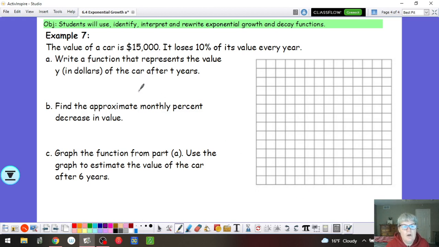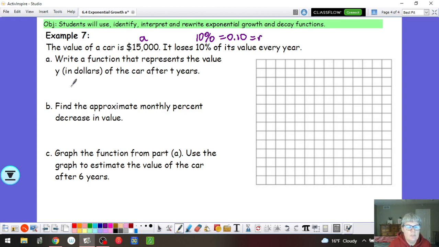The value of a car is $15,000. It loses 10% of its value every year. Because this is every year, we can use an exponential decay function. So 15,000 will be the A. 10% is equal to 0.10, which will be the R value.